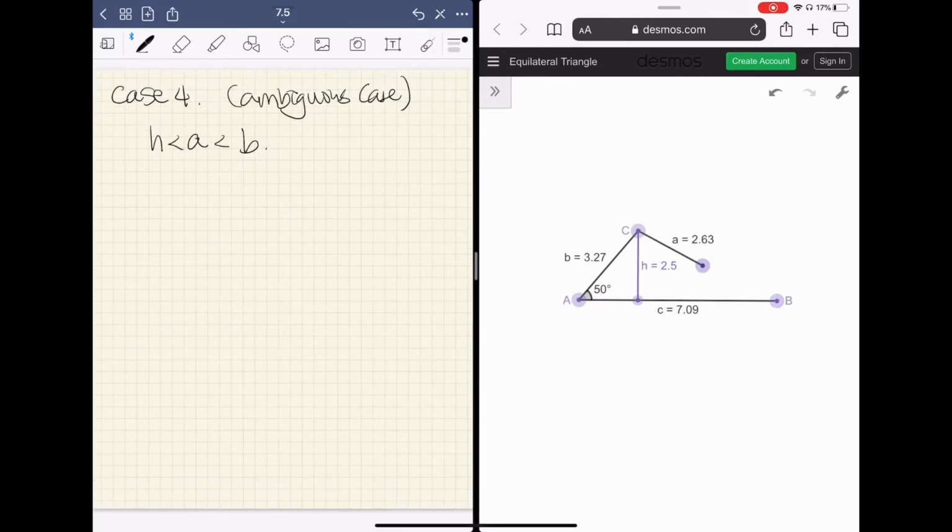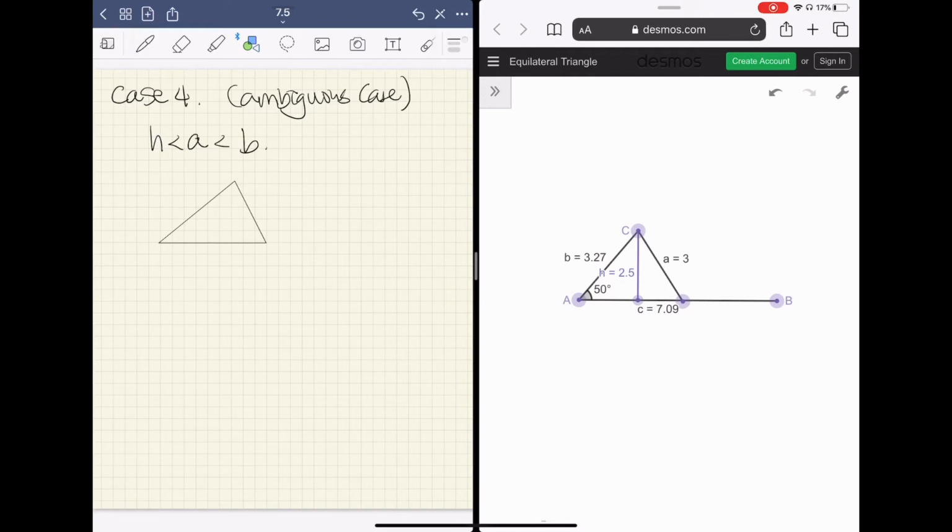Now, case 4 is our ambiguous case. Case 4 is when the side length of A is between H and B. So in our example here, the H is 2.5 and B is 3.27. So let's make our A equal to 3. So something like that. So if A is equal to 3, then we'll have a triangle that looks like this.